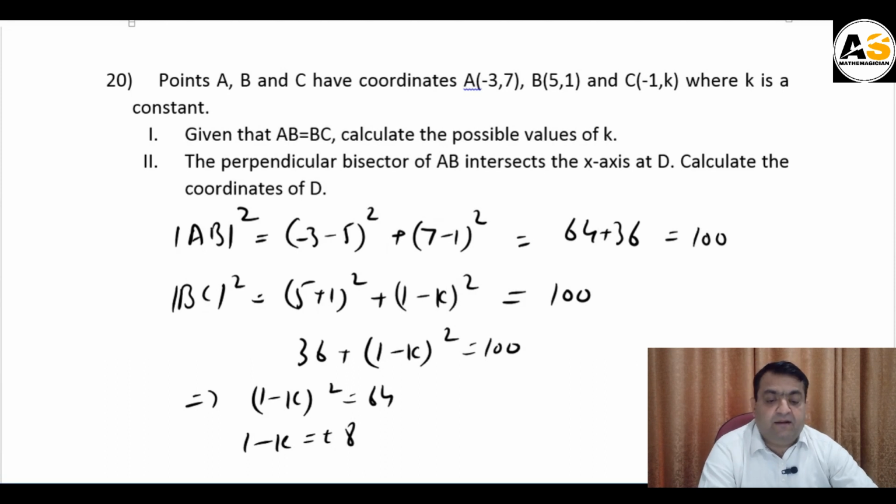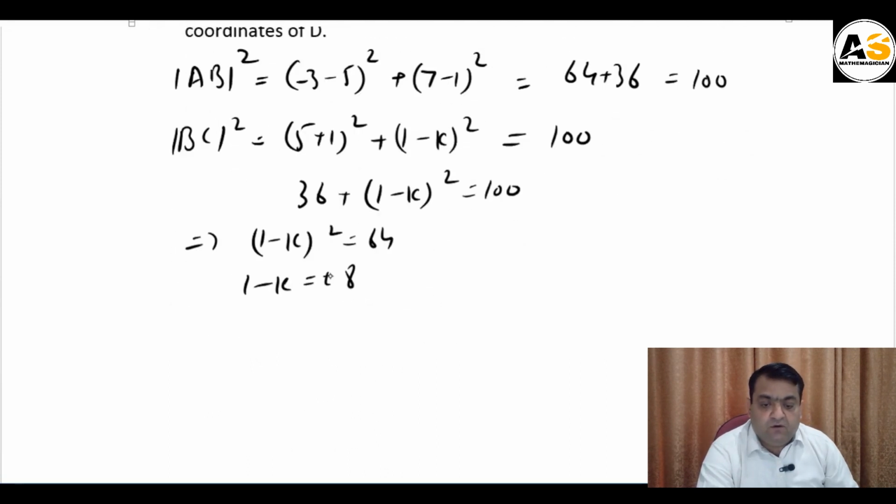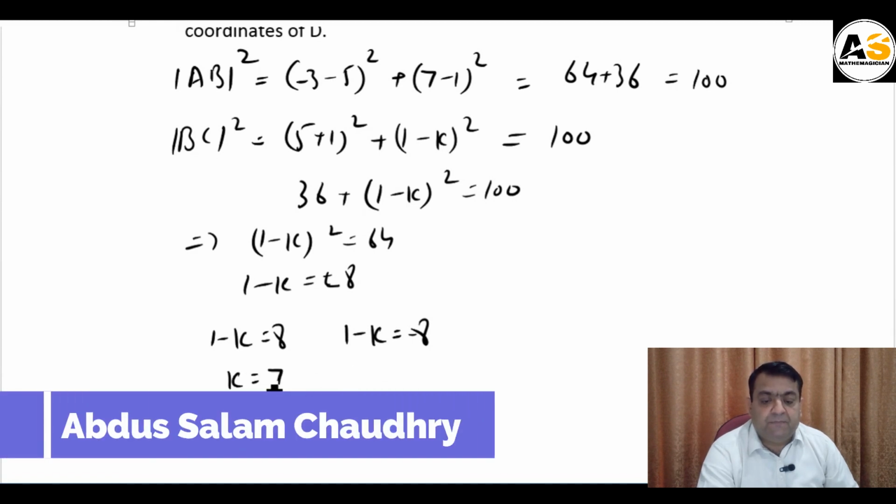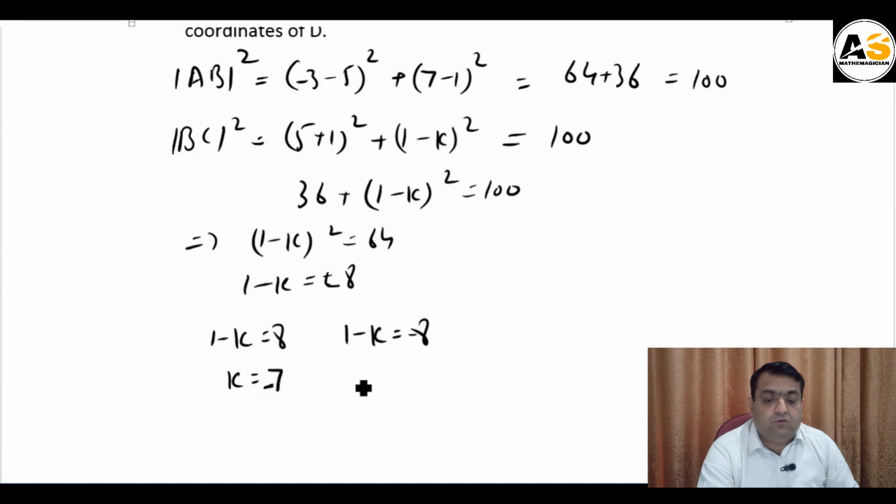From here we get the two values of k. 1 minus k is equal to 8, 1 minus k is equal to minus 8. k is equal to minus 7 and k is equal to 9. So there are two possible values of k, minus 7 and 9.